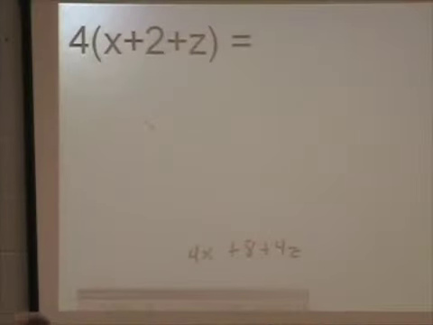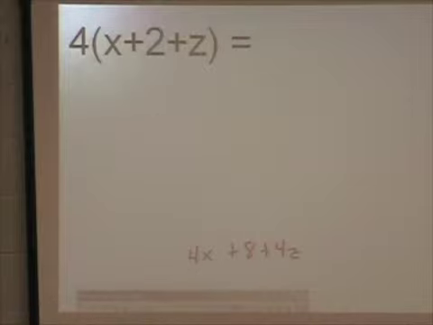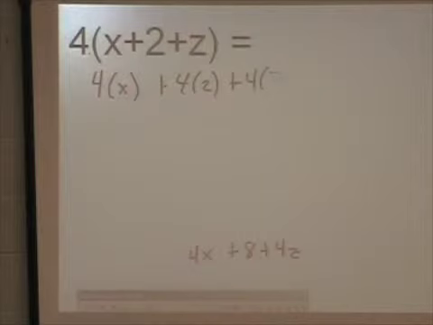On this problem, we do the procedure the same even though there are 3 terms inside the parentheses. 4 times x looks like this, plus 4 times 2, plus 4 times z. Now, 4 times x is 4x. 4 times 2 is 8. 4 times z is 4z.